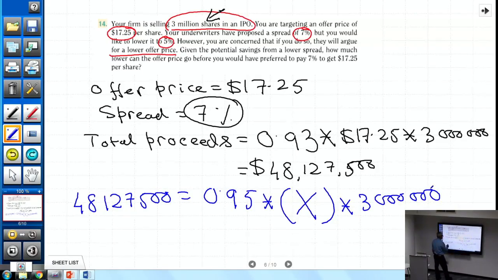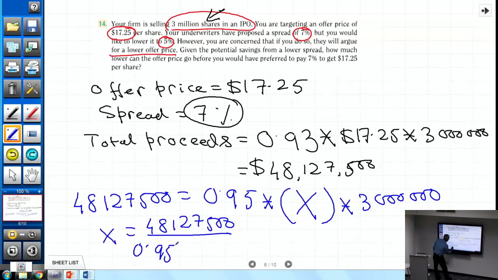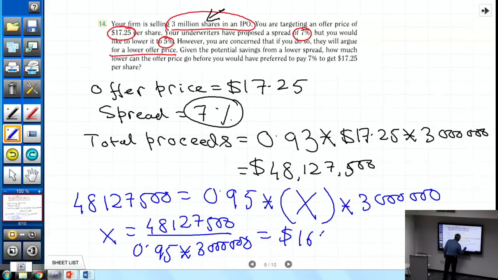So from this equation, we take 48,127,500 and divide by 0.95 times 3 million, and that gives us $16.89.